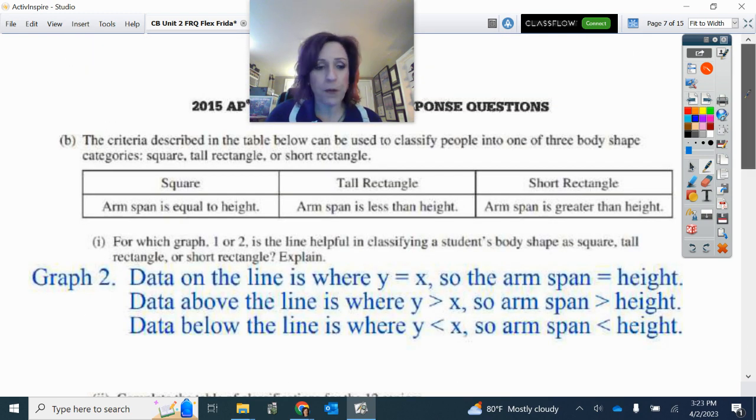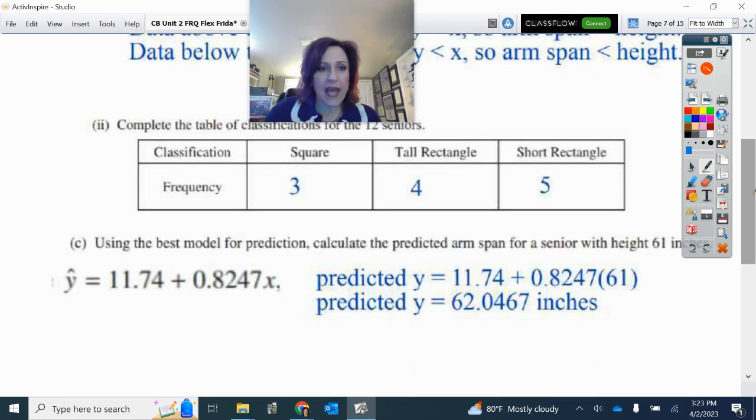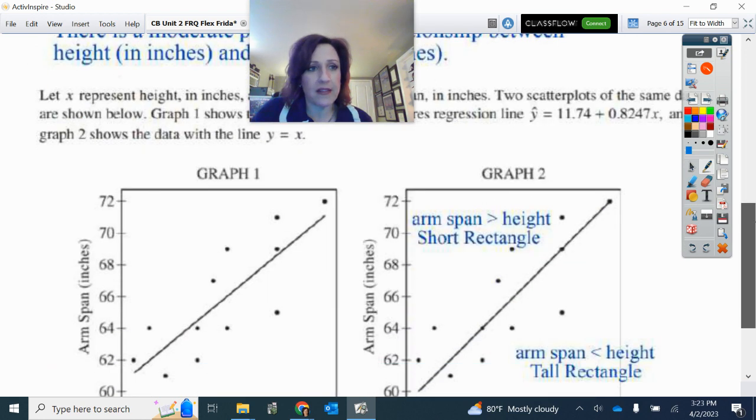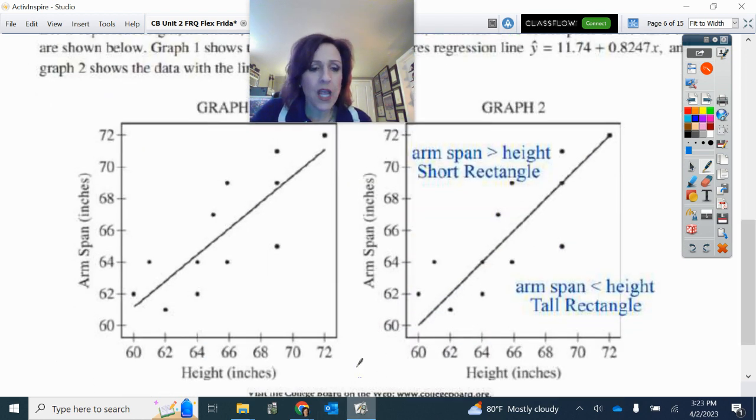All right, next part. Here you had to really understand what was going on with this line here. So you had to understand that this graph on the left is the least squares regression line, so the one that best fit the data. But here on this graph number 2, we had the line y equals x.